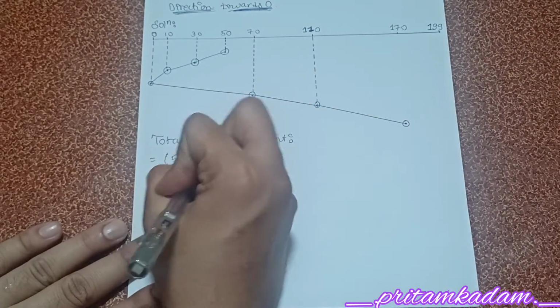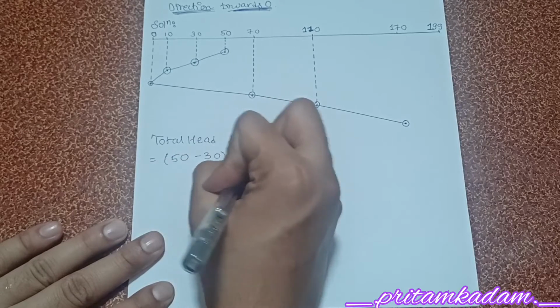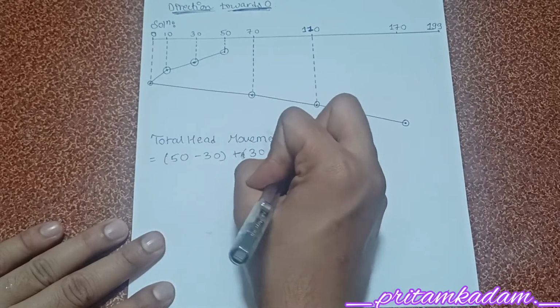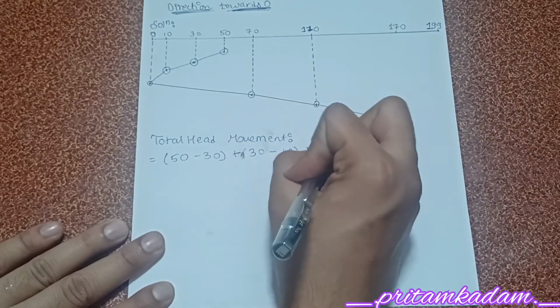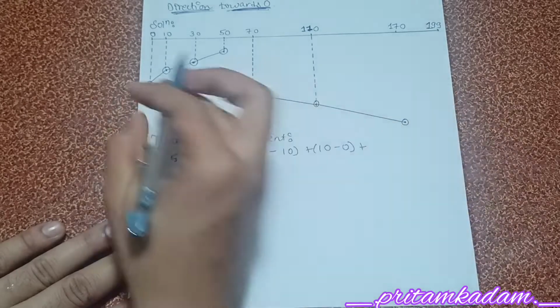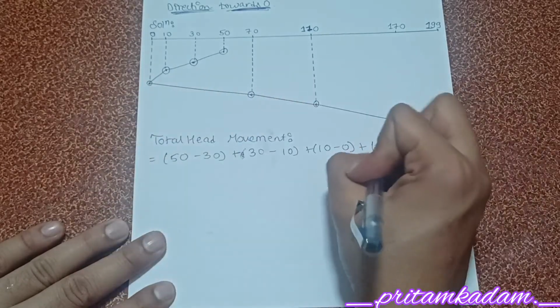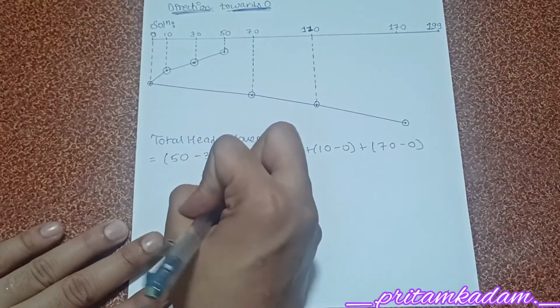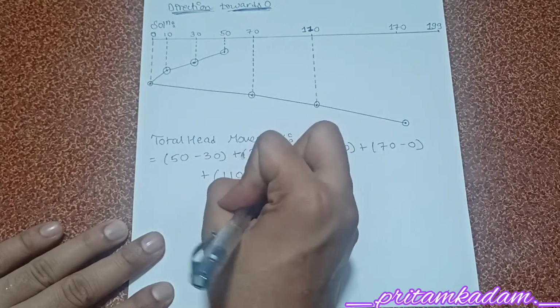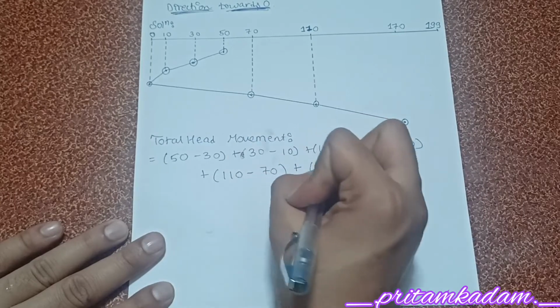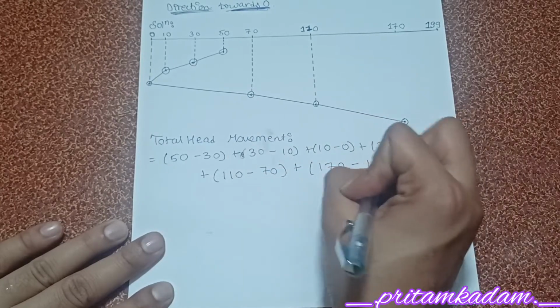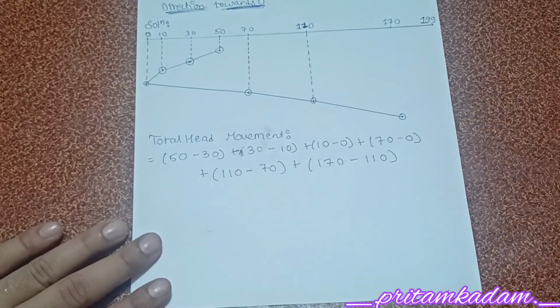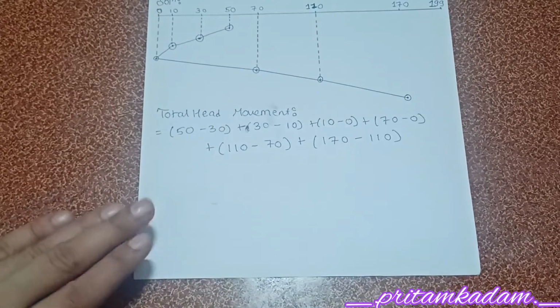You can directly go like 50 minus 0 plus 170 minus 0, but sometimes it might cause error, so it is better to calculate the sum of the differences of each movement. So 70 minus 0, then 110 minus 70, and then 170 minus 110. So we wrote it for every head movement.